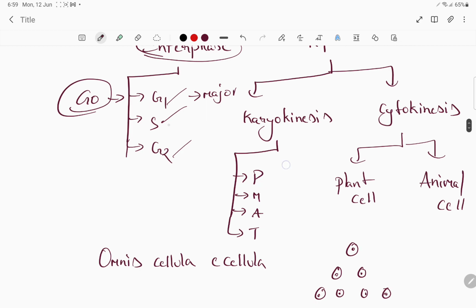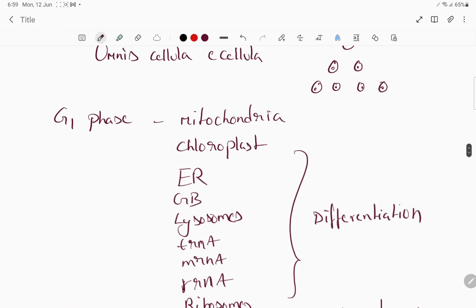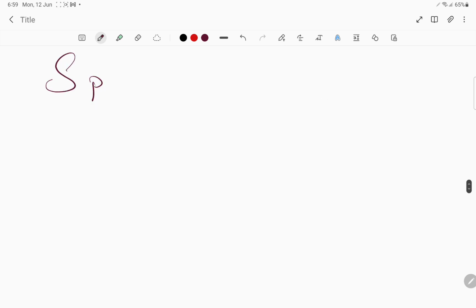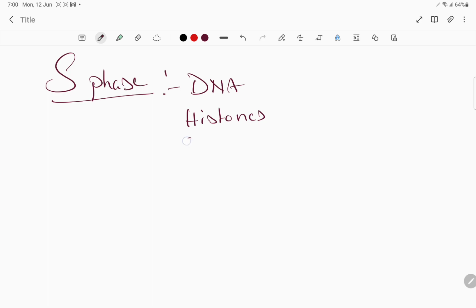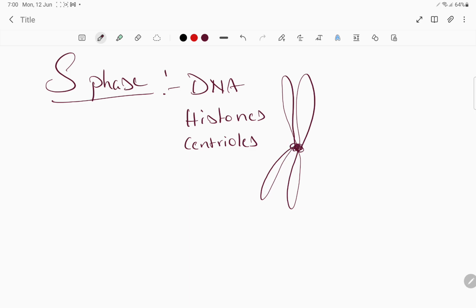Next, we'll see the S phase, which we otherwise call the synthetic phase. This is where DNA replication takes place, along with histones and centrioles. The proteins associated with the chromosomes, namely histones, are synthesized, and the two chromatids are attached at the centromere. The proteins called cohesins keep the chromatids attached at the centromere.